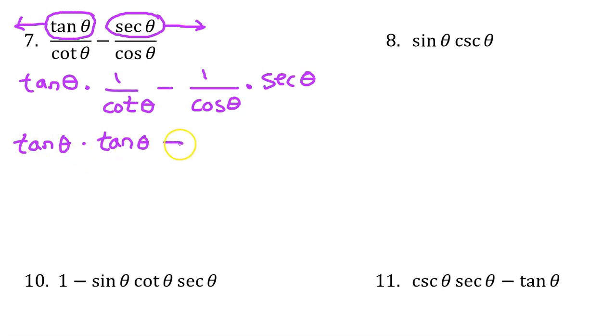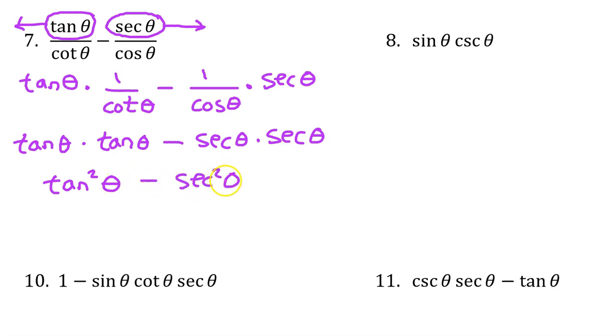Show this step. 1 over cosine theta is secant theta. So we have secant theta times secant theta. So you might have seen this coming, and it might have been tempting to skip to tangent squared theta minus secant squared theta. But don't do that.